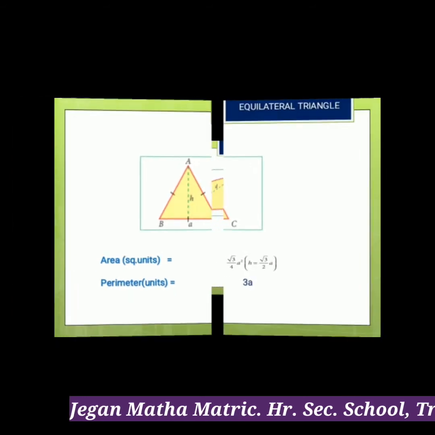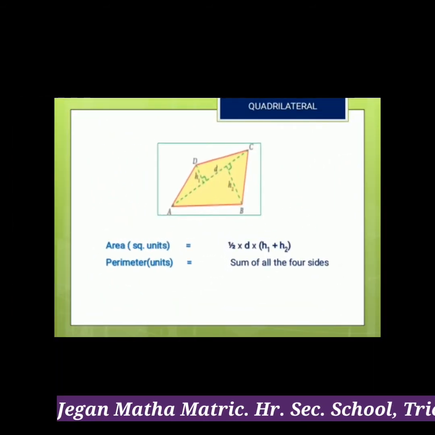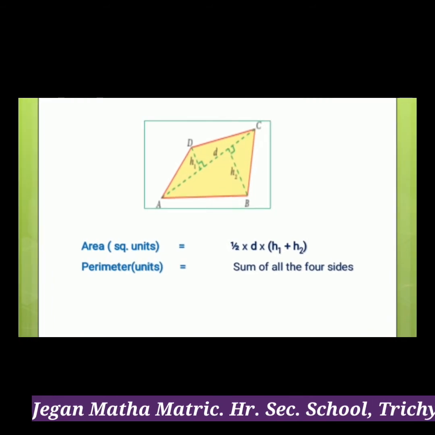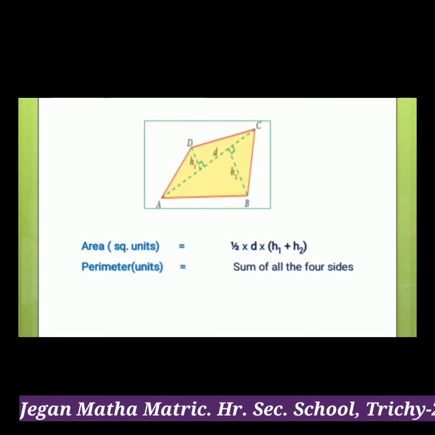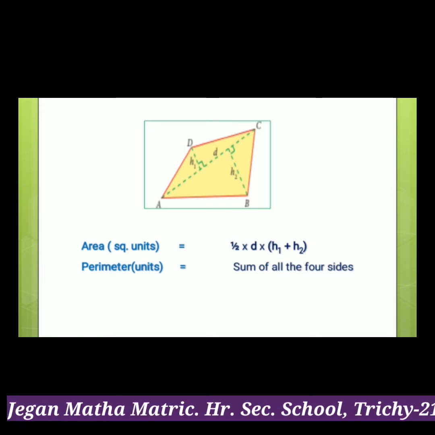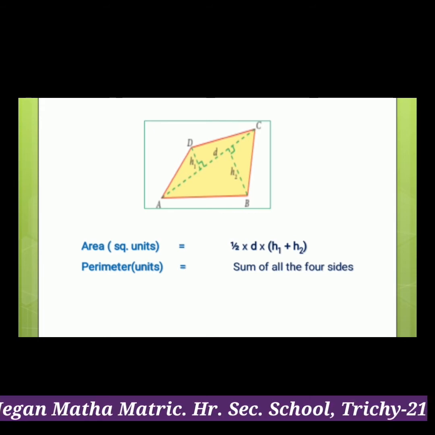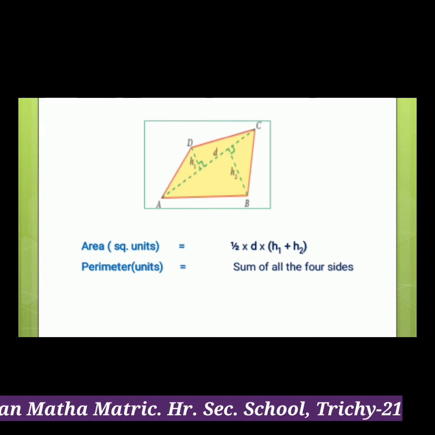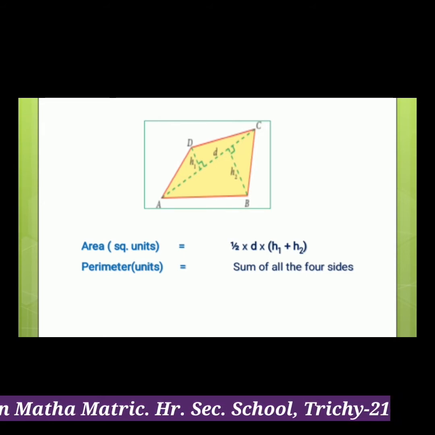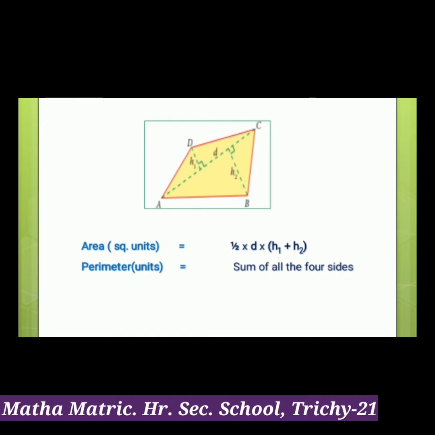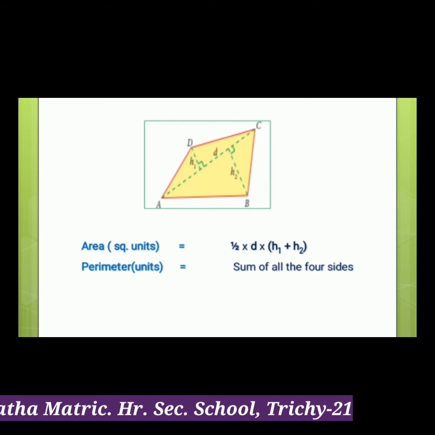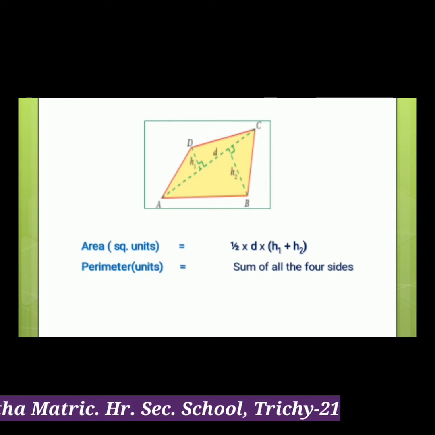The next one, quadrilateral. A quadrilateral can be defined as a closed two-dimensional shape which has four straight sides. Here ABCD is a quadrilateral and AC is denoted as the diagonal, then h1 and h2 denote the heights.